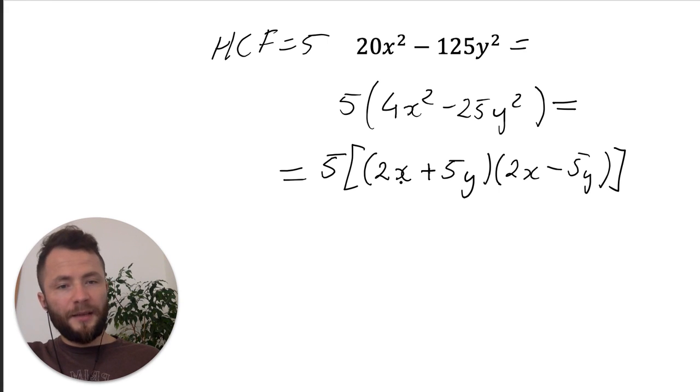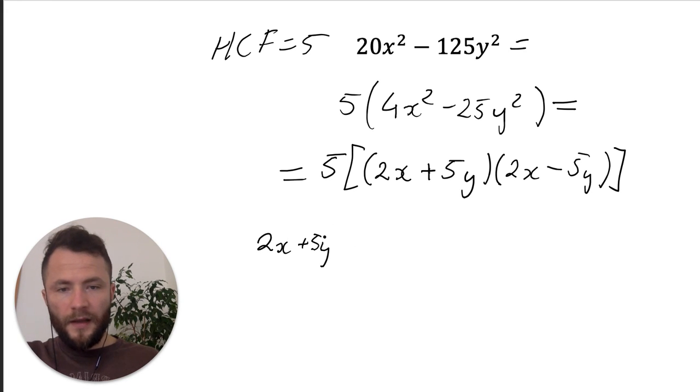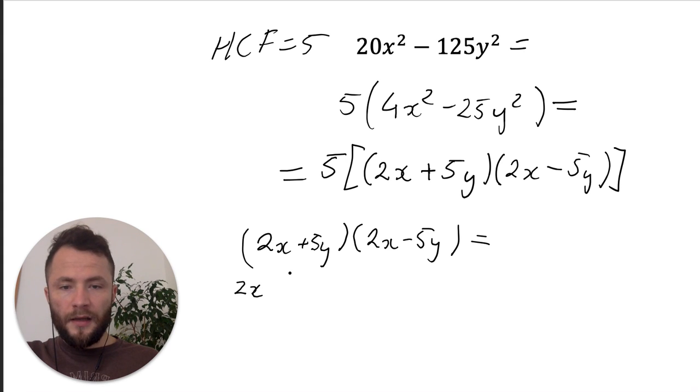We can check that in a similar way as we did in the previous slide. So let's multiply 2x plus 5y by 2x minus 5y. That will be equal to 2x times 2x minus 5y, plus 5y times 2x minus 5y.